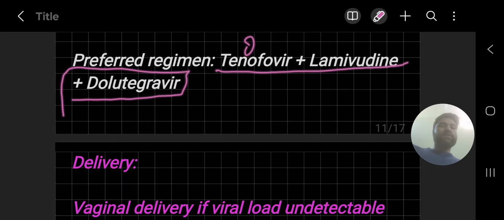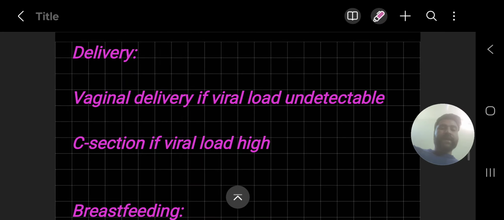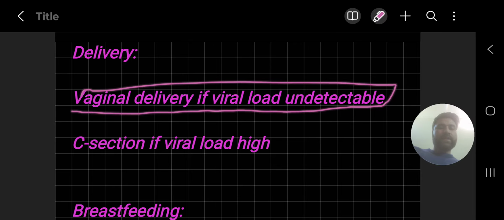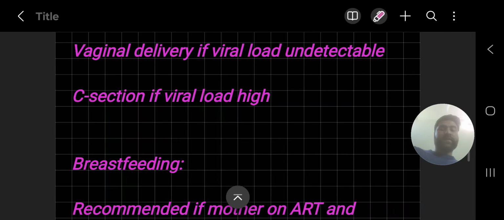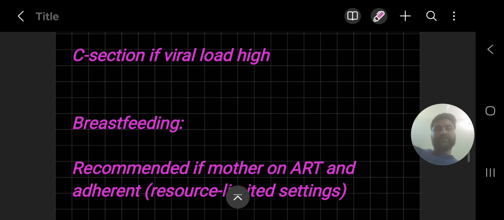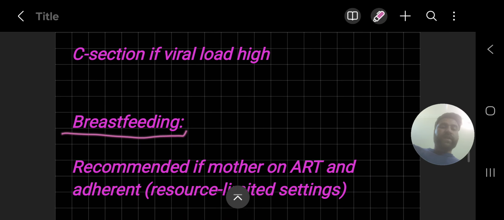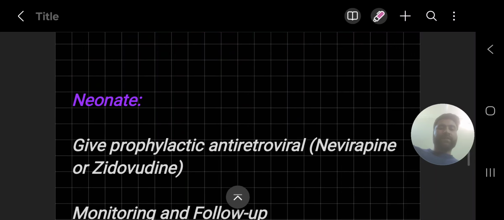You can see 2 NRTIs plus 1 integrase inhibitor. Delivery, as I have told you: vaginal delivery is only done if the viral load is undetectable, and C-section is done if the viral load is high, because C-section prevents exposure of the fetus to the mother. Breastfeeding is contraindicated when the mother has HIV.